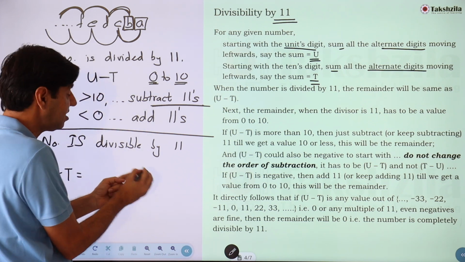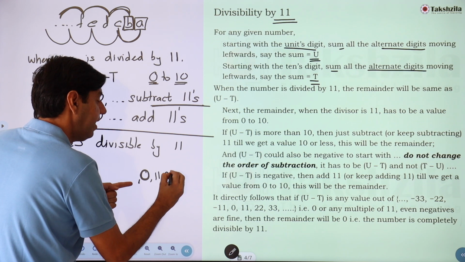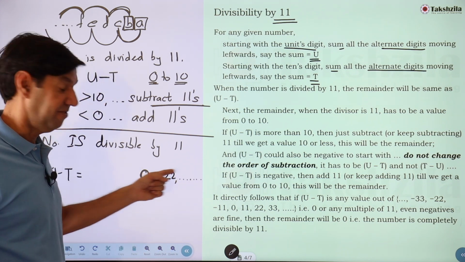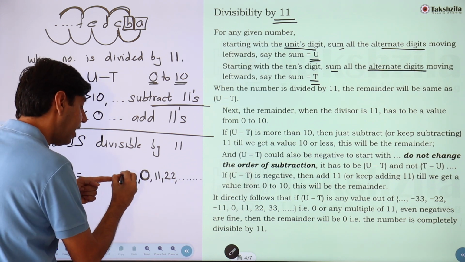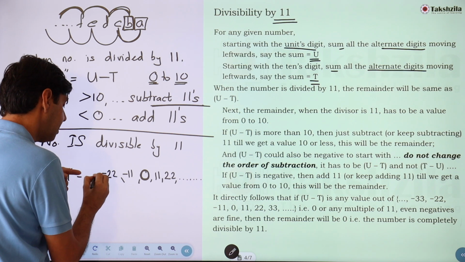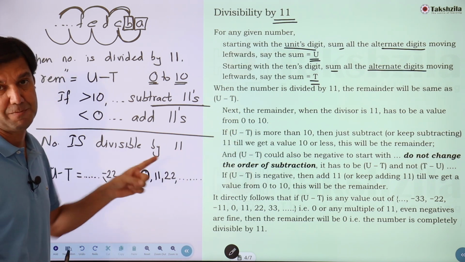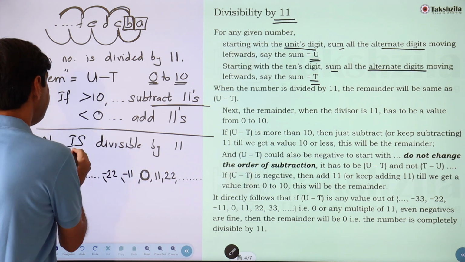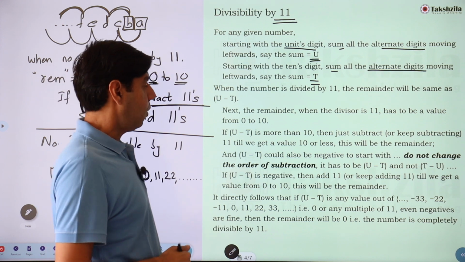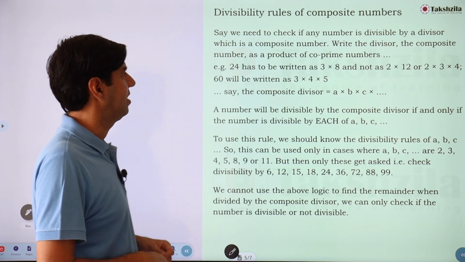But it need not just be 0. It could also be 11. It could also be 22. It could also be 33 and so on, students. And it could also be minus 11, minus 22, minus 33 also. So there can be many values: any multiple of 11, positive or negative. Then the number is divisible by 11. Okay, so straightforward questions come in, but we are going to see some interesting ones.